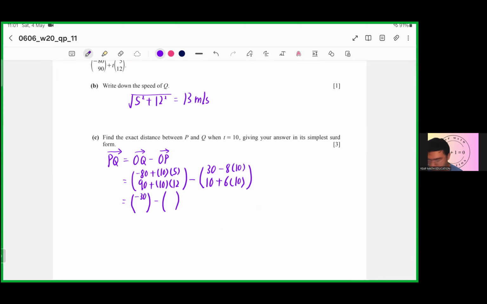Negative 13, 19 plus 10, negative 12, so we get 210. Okay, negative 15. Okay, 17.